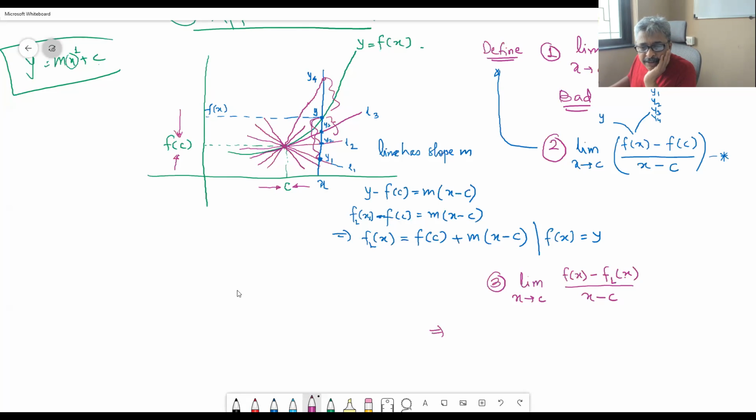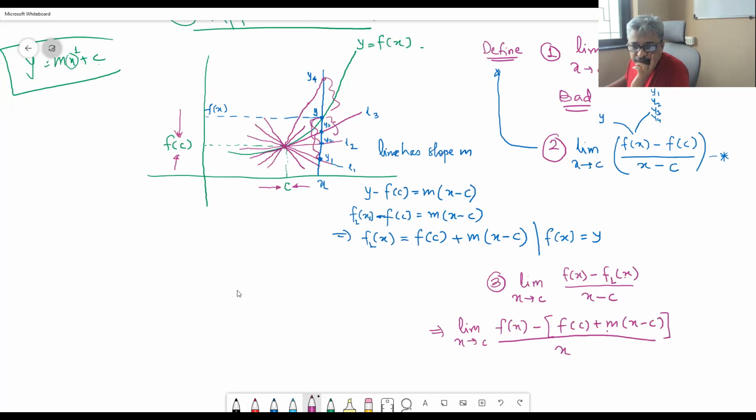Then I get limit x tends to c of f of x minus, inside the bracket, f of c plus m into x minus c. And we are trying to find out what this value of m should be if this is my definition of approximation.